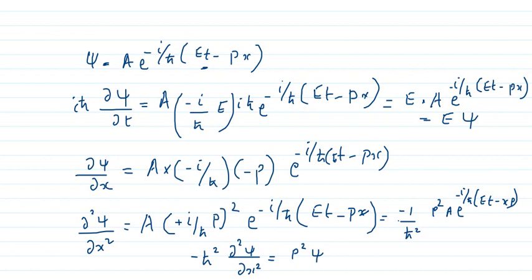Now we should go for our general equation, that is the total energy equation in classical mechanics. So E is equal to p square by 2m plus V of x comma t.